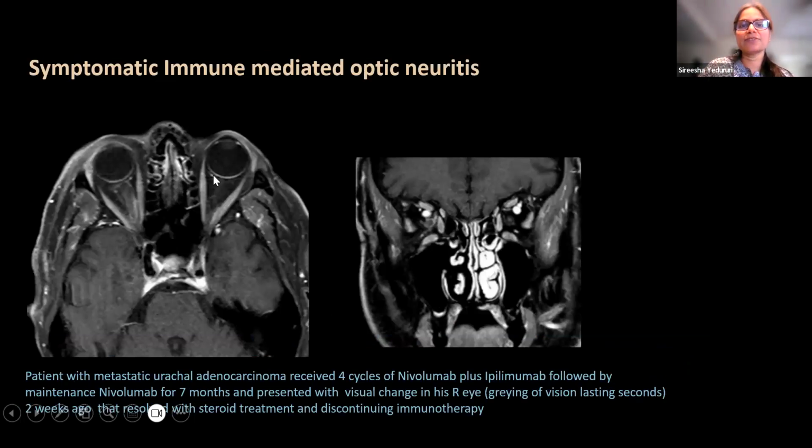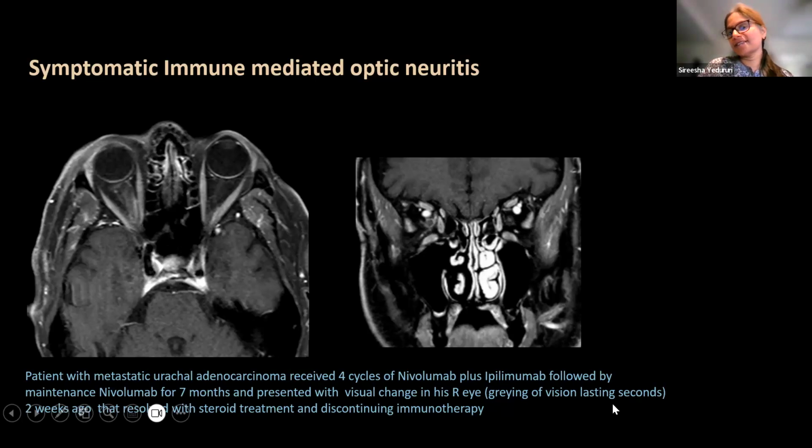Another patient with optic neuritis. This patient had metastatic urachal adenocarcinoma, received nivolumab, and presented with visual changes in the right eye. You can see subtle thickening and enhancement of the right optic nerve compared to the left side.